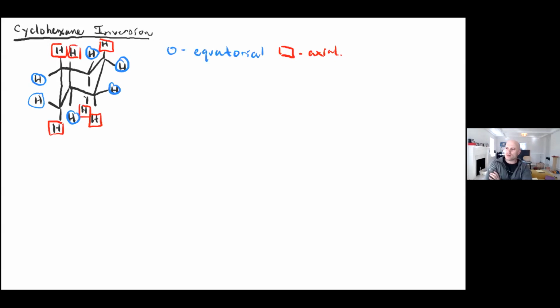Now I want to introduce this idea of a chair flip. To introduce this, let's think back to ethane for a second. We said that ethane had two conformers of interest, the staggered and the eclipsed conformers. At room temperature, those conformers are rapidly interconverting.